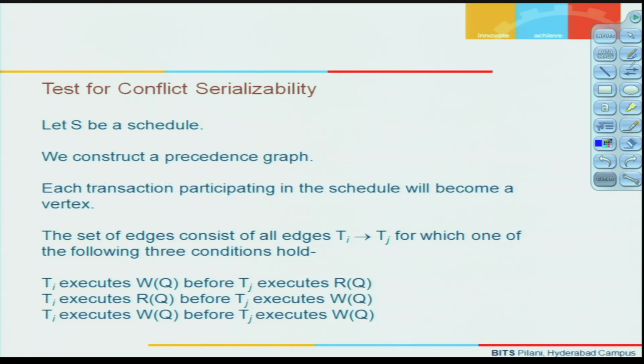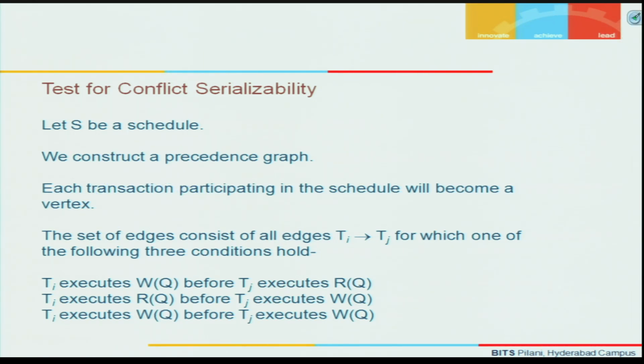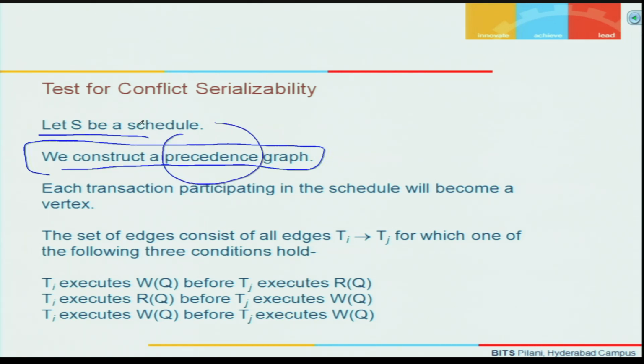Now let us have a look at the technique using which we can test whether a given schedule is a conflict serializable schedule or not. Let S be a schedule. We construct a precedence graph. Each transaction participating in the schedule will become a vertex.